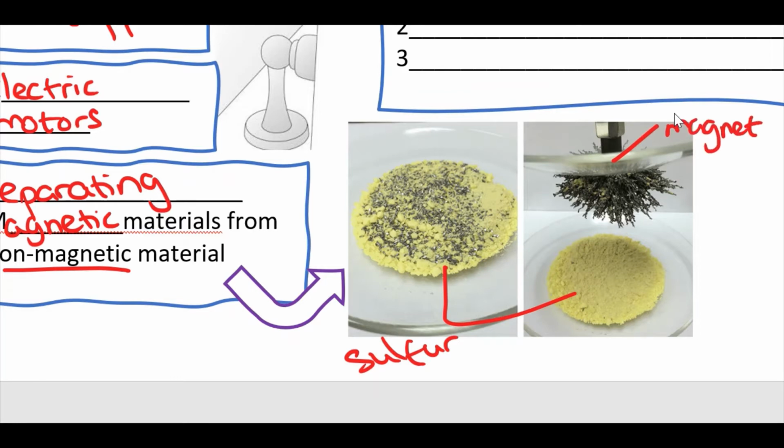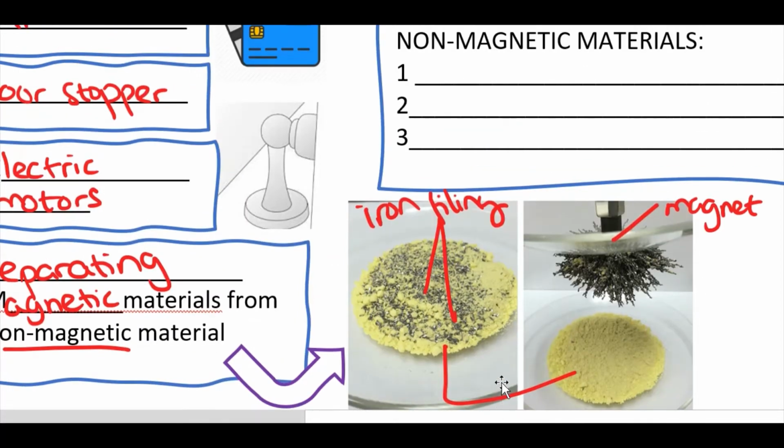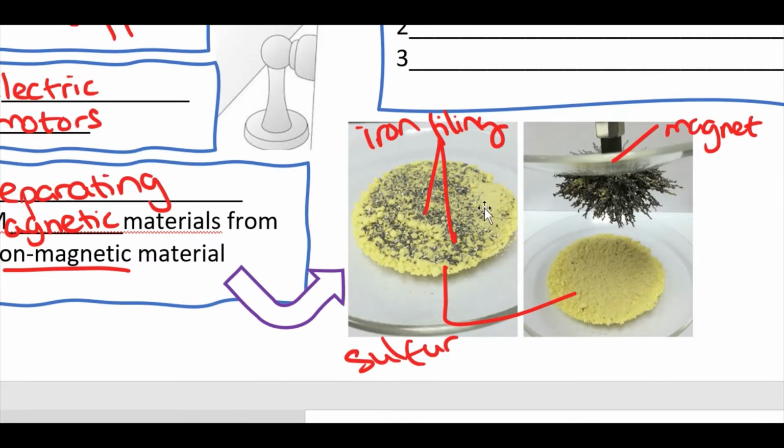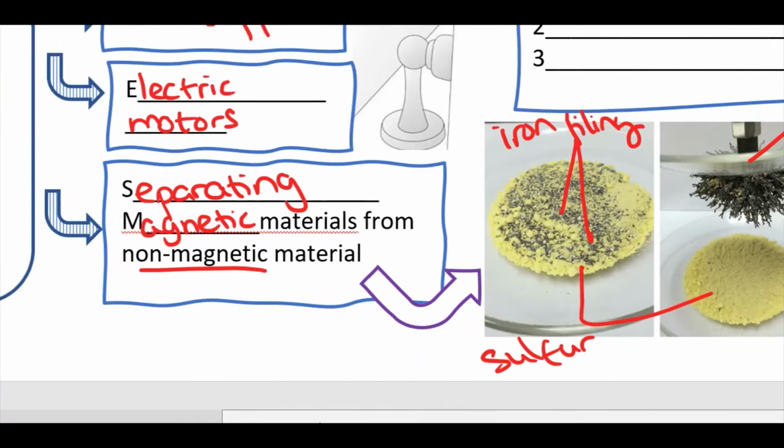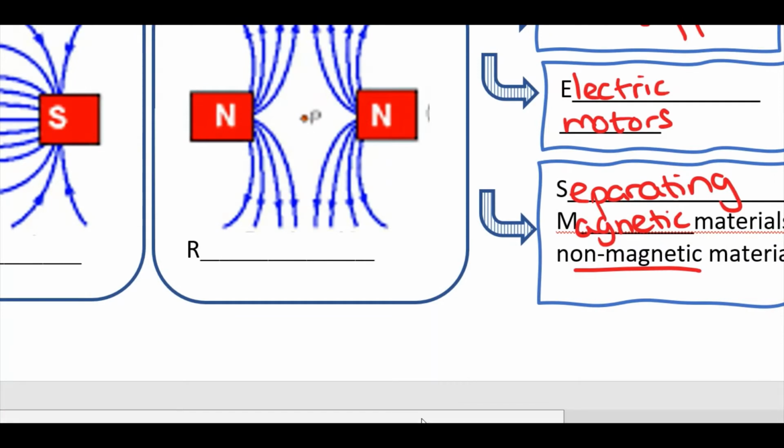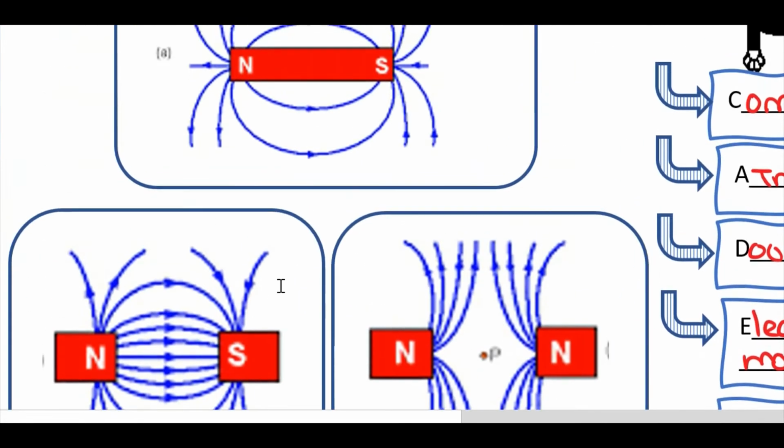The sulfur is mixed with that metal looking shiny thing, and that's iron filings, I think that's how you pronounce it. And so when they're mixed together, how can you separate it? You use a magnet. So that's one of the main uses of a magnet. And this is a mixture because they're not chemically combined together, so it's easily separated.